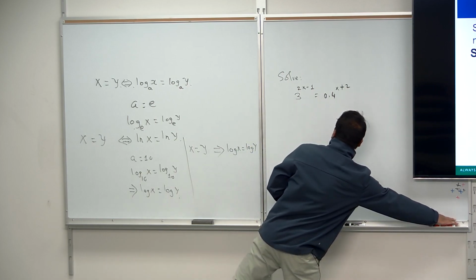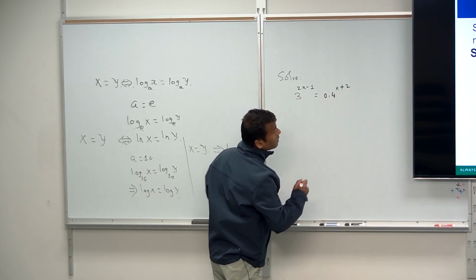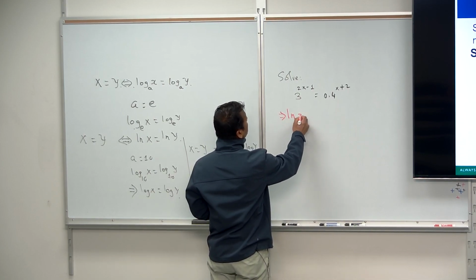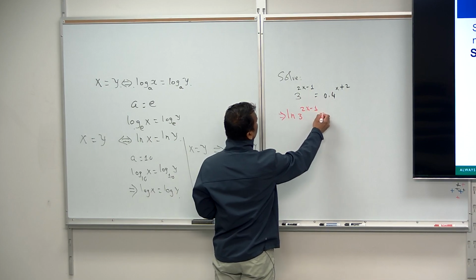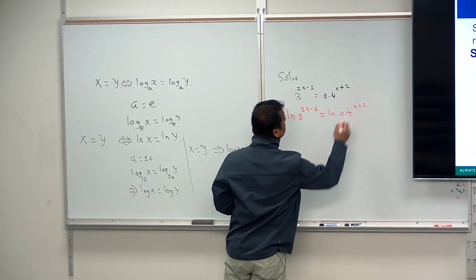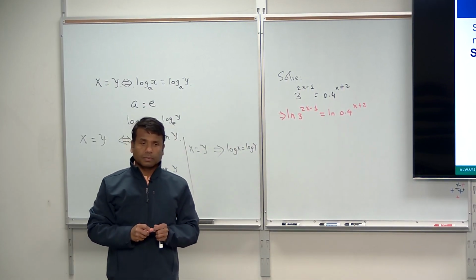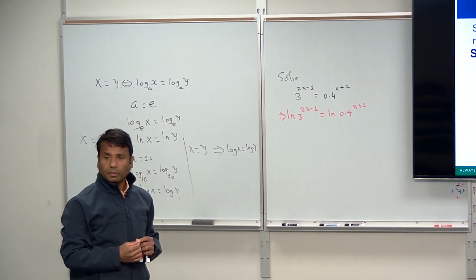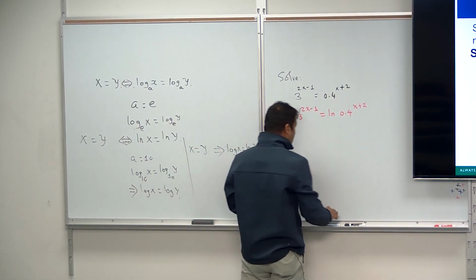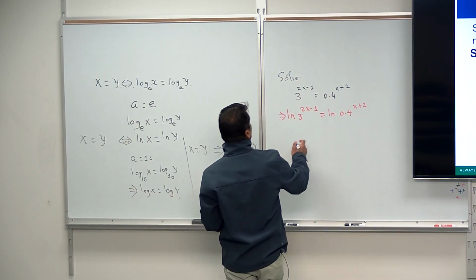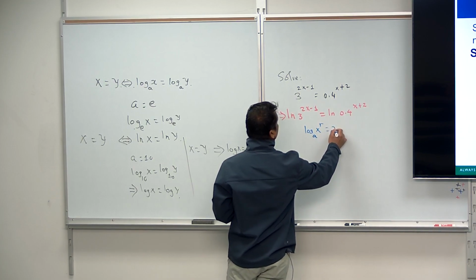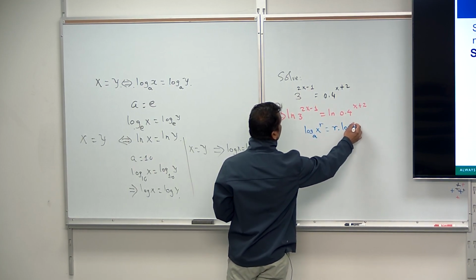So if I take the natural log on both sides, it's going to be ln of 3 to the power 2x minus 1 equals ln of 0.4 to the power x plus 2. And then remember the power property of logarithm. If you have a logarithm with base a of x to the power r, this is the same as r times the logarithm with base a of x.